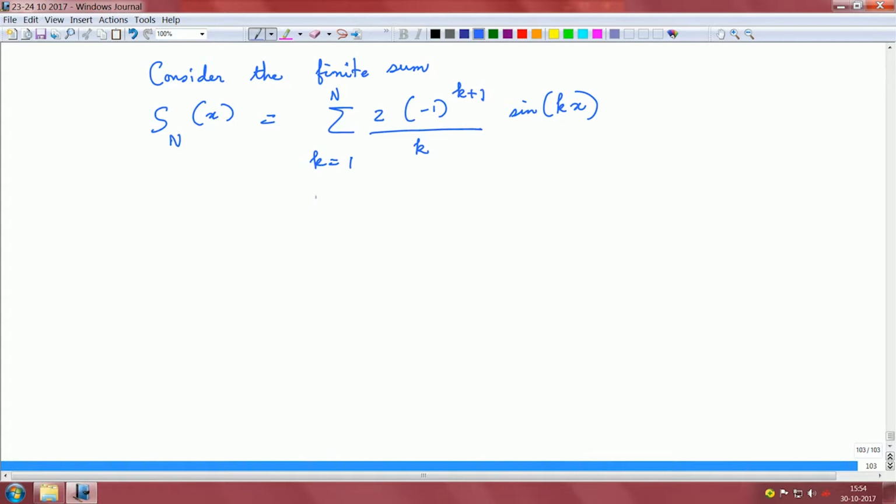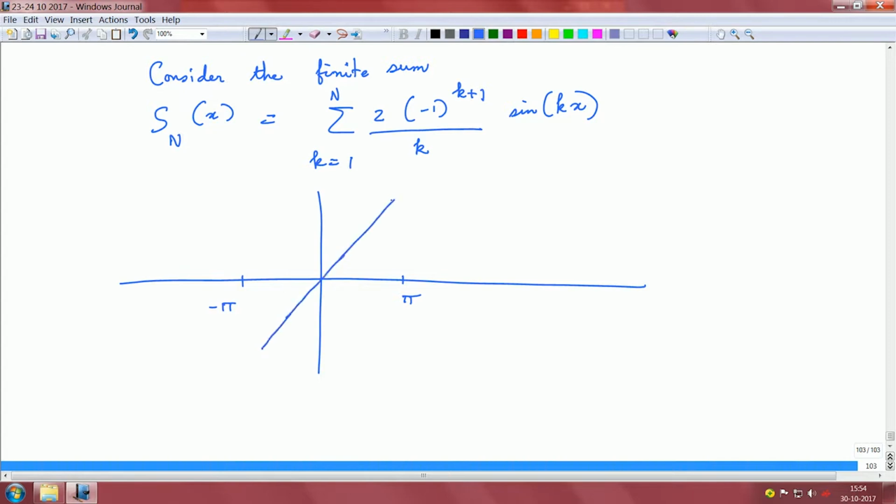Now, there is a weird thing that one would notice. As a function of x, if you plot the function, ideally it has to be like this. Now, at this point there is a sharp jump.